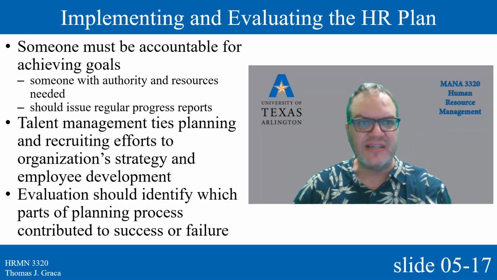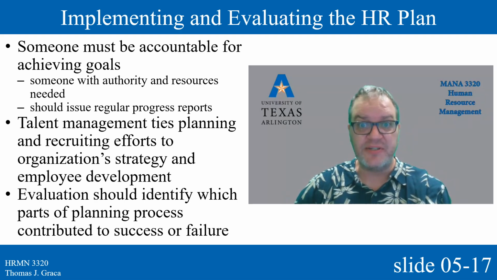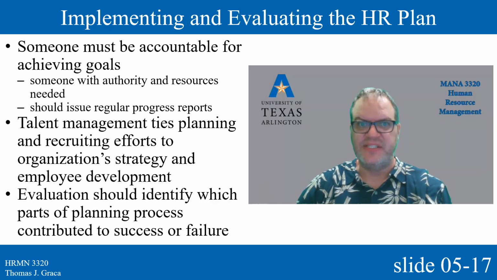That person must also have the authority and the resources needed to accomplish those goals. It's important that this person issues regular progress reports so that the organization can be sure that all activities are occurring on schedule and that the results are starting to come in as expected.